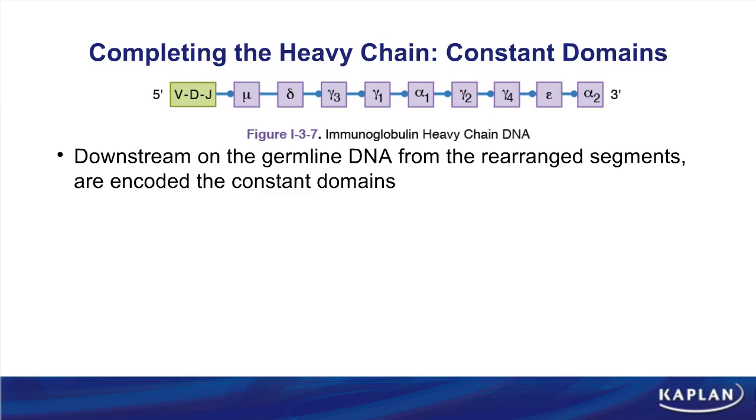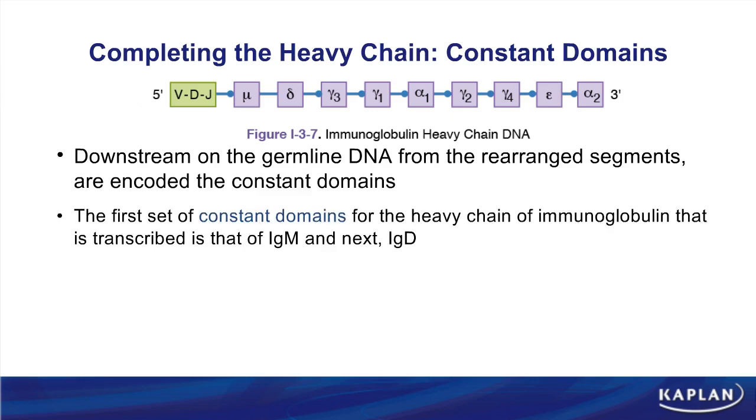So let's take a look at how this heavy chain molecule is actually completed. We've already discussed how the variable region of the heavy chain is generated through gene rearrangement, but you can see downstream of the rearranged variable region are the constant regions. The constant regions dictate the isotype or the class of antibody.